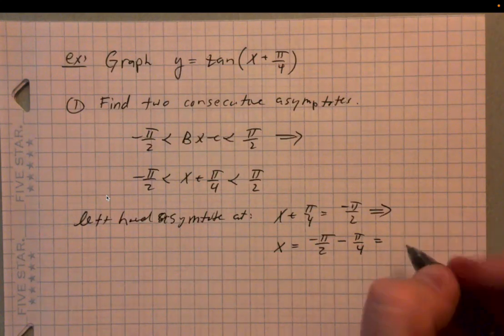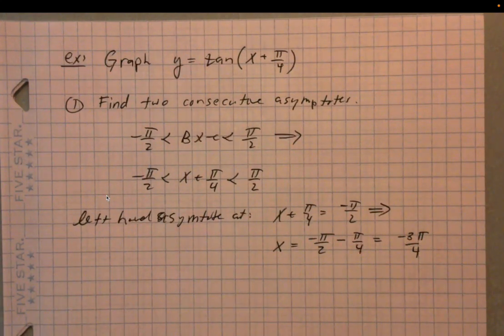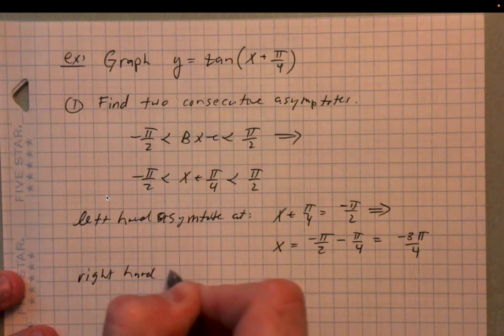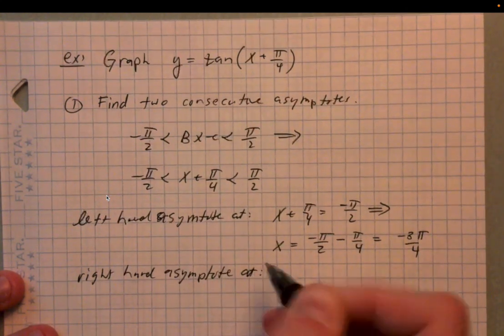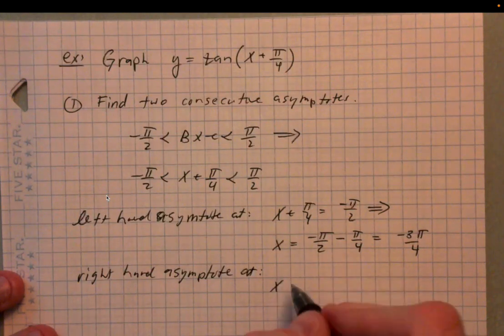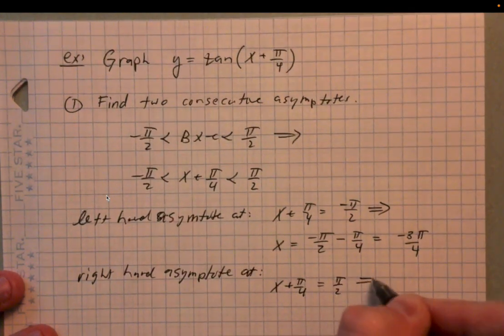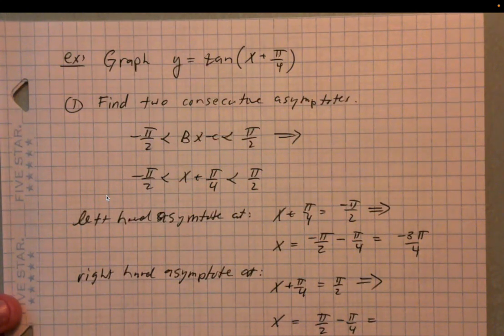Which of course is negative 3 pi over 4. Okay, and then the right-hand asymptote is going to be at x plus pi over 4 equals pi over 2, right? And so that means x is equal to pi over 2 minus pi over 4, right, which is pi over 4.